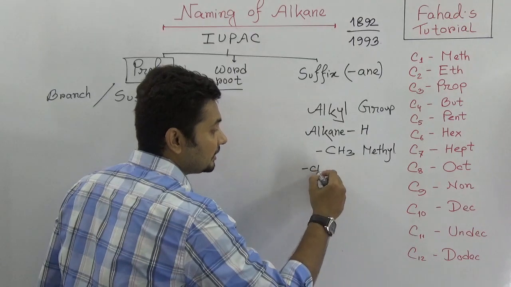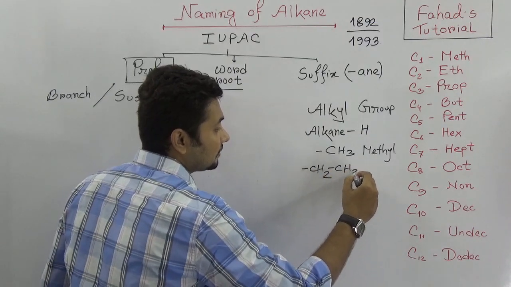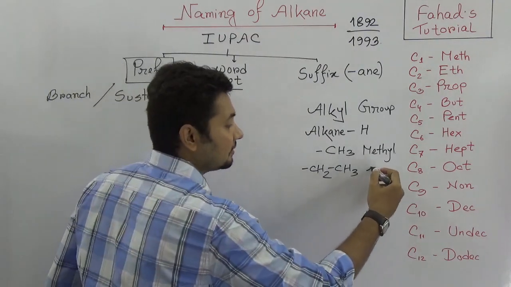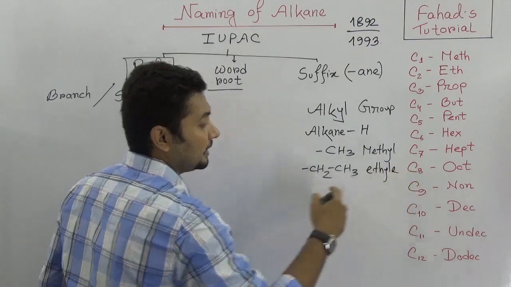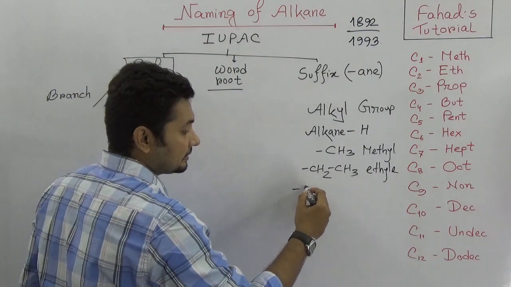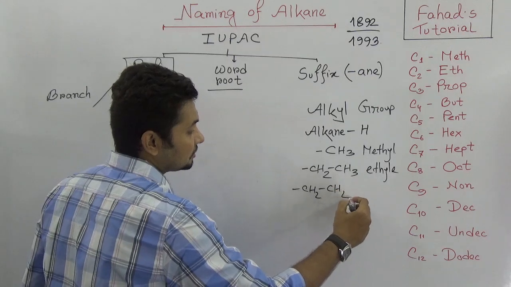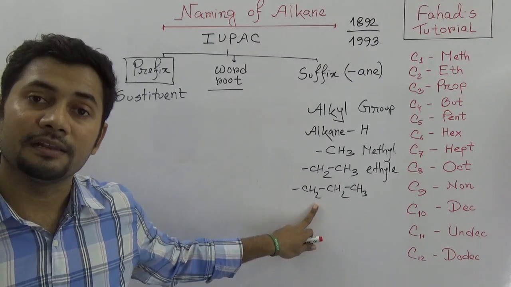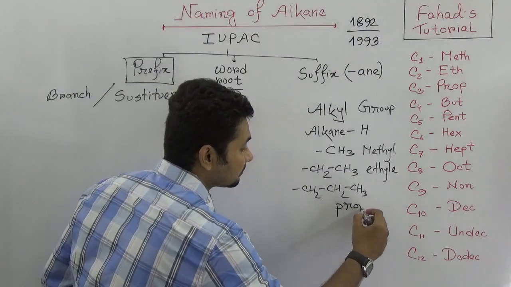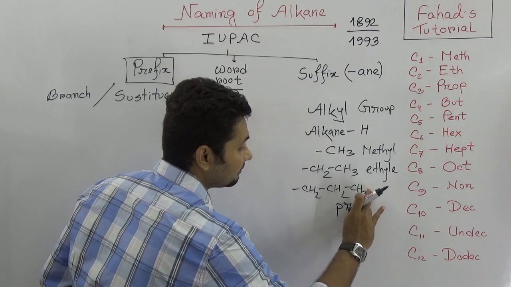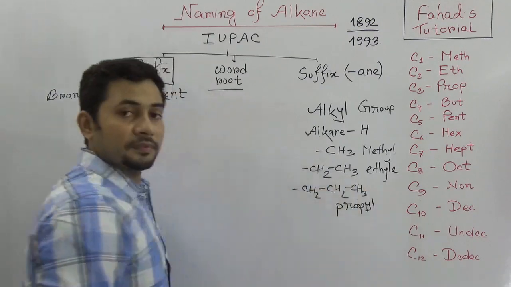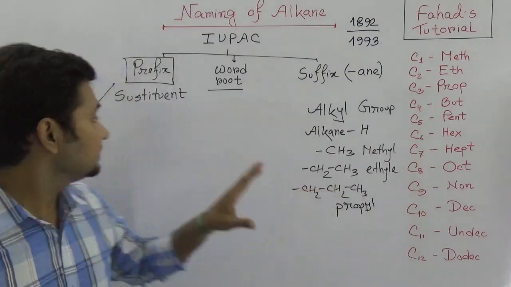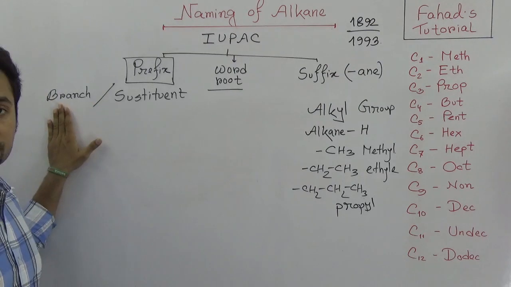And if there is CH2CH3, which is actually C2H5, this is ethyl. And when there is 3 carbon, like CH2, CH2, CH3, now you know this is propyl. So we need to think about propyl when there is a 3 carbon alkyl. So this is called alkyl group, which can be added with the alkanes as substituent or branch.